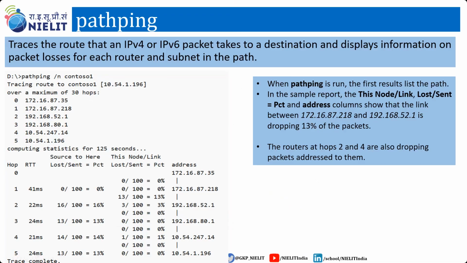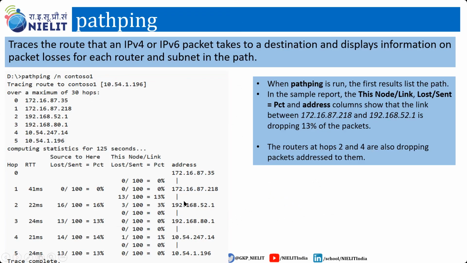It can show you the total traceroute information, what are the IP addresses falling between these devices, and what is the performance, how many packets are getting dropped, what is the total loss on a particular device or a link between two routers.